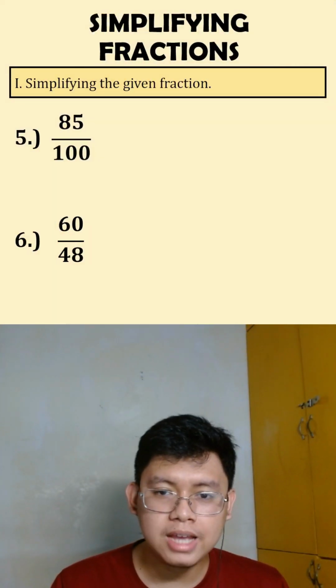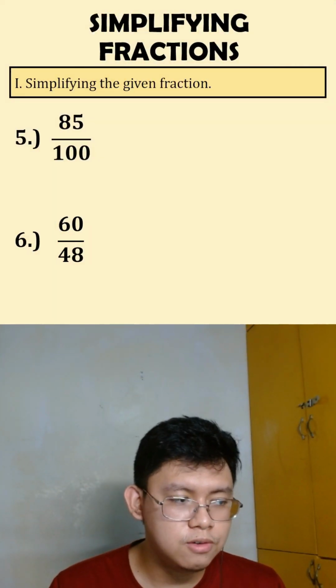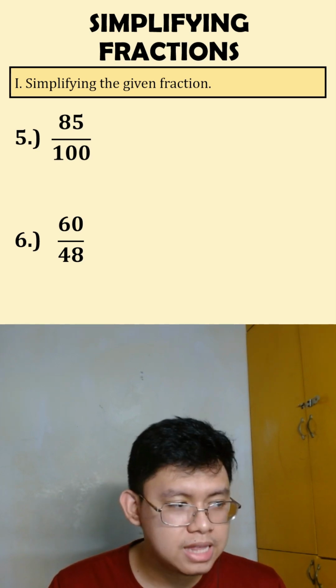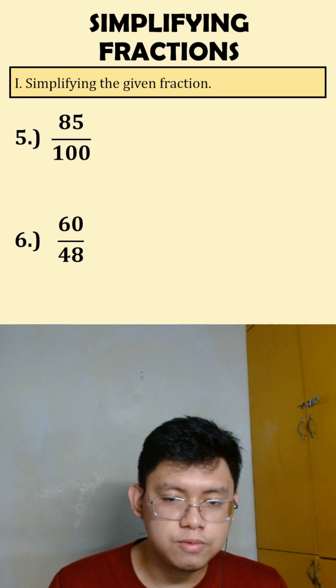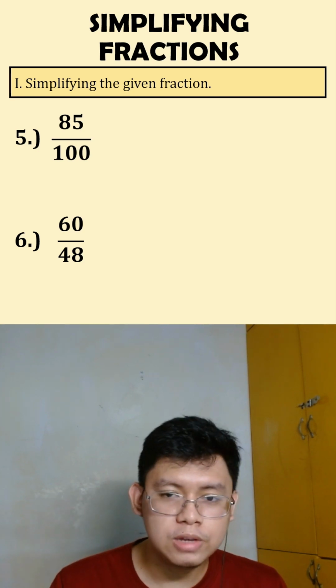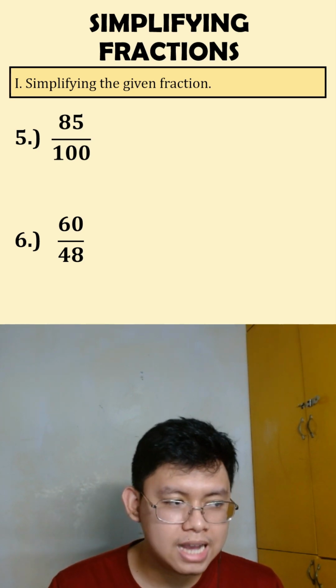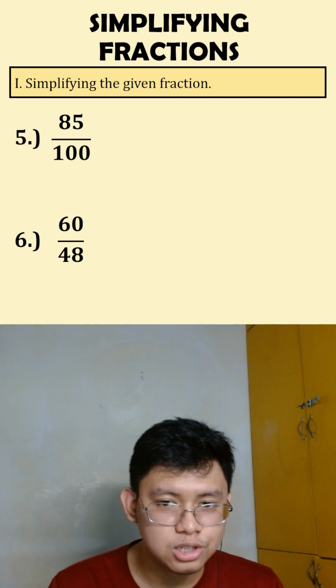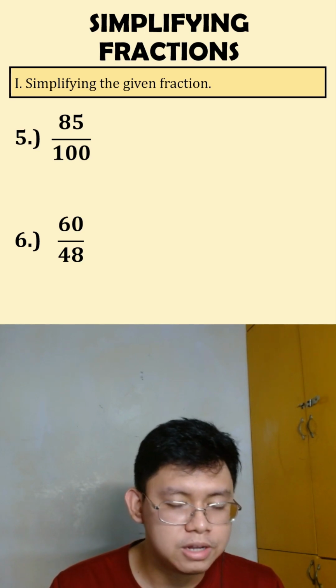Okay, let's simplify this fraction. So, we're given 85 over 100 and 60 over 48. So, simplify natin si 85 over 100 muna. In simplifying fraction, kailangan nating i-identify yung greatest common factor ni numerator at ni denominator. So, let's get the greatest common factor of 85 and 100.